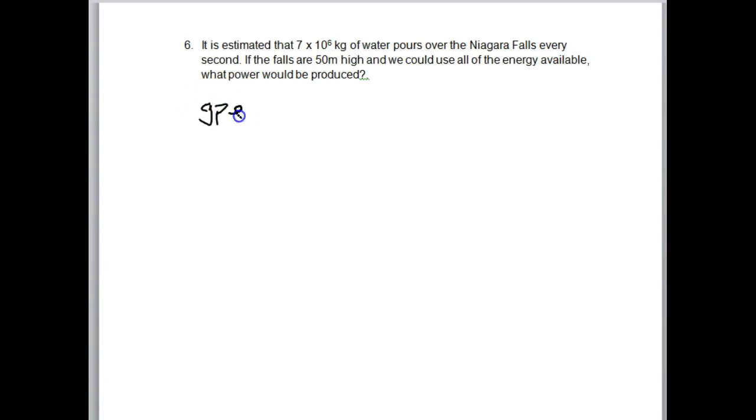The energy of something raised off the ground, like water that falls, is equal to the mass times g times height. We're given the mass, 7 times 10 to the 6 kilograms of water. We know g is 10 meters per second squared, and we know the falls are 50 meters high.